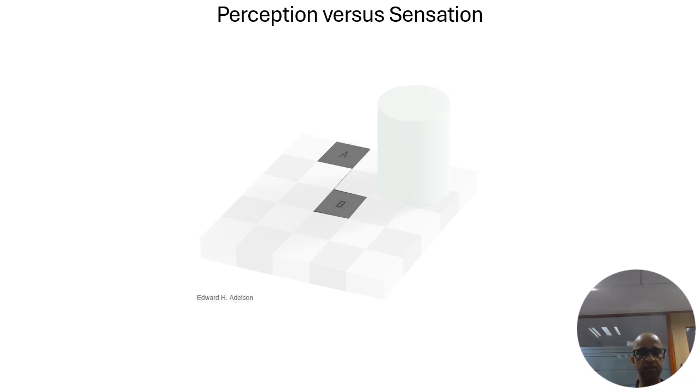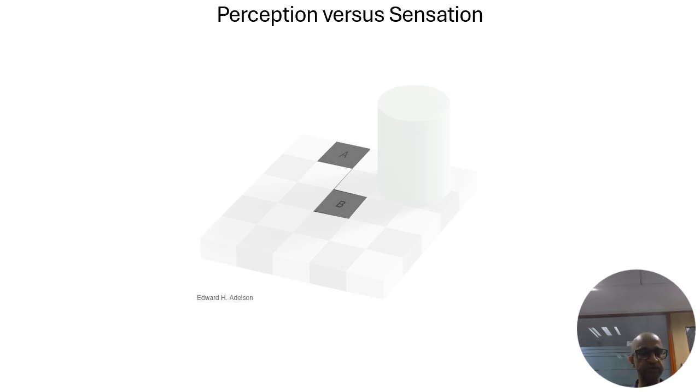But because of the context that there was a shade over here, B appears to be white while the A appears to be gray. And you can actually go back on the slideshow and focus only on the B tile or the A tile, and you can convince yourself that it's actually the same intensity of light that is coming out of B as well as A. But because of the context that B is in shade, it appears to be white, as against A appearing to be dark.